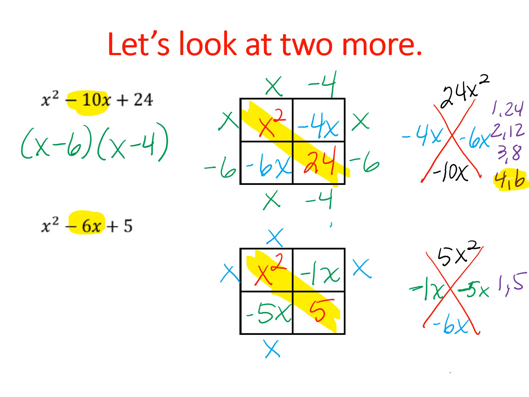X times negative 1 is going to give me a negative 1x. Second row, x times negative 5 will give me negative 5x. Check that last box. A negative 1 times a negative 5 is indeed a positive 5. So my two factors are x minus 1 and x minus 5.